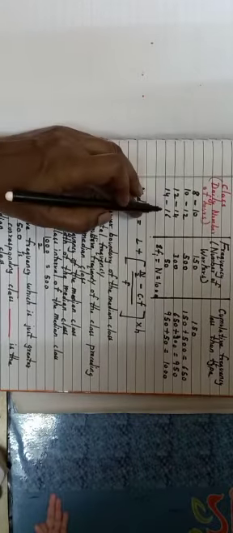Now, n by 2. I told you the meaning of median. For very simple ungrouped data, it is easy to find the median just by arranging in ascending order; the number in the middle is the median. But here, because we have grouped data, to find the exact median we have to use the formula.